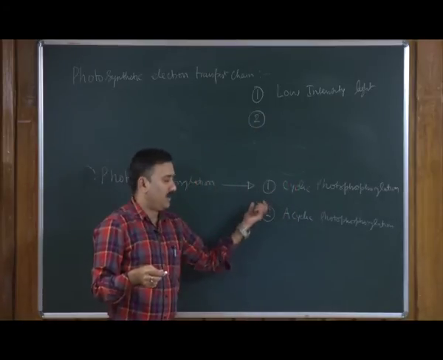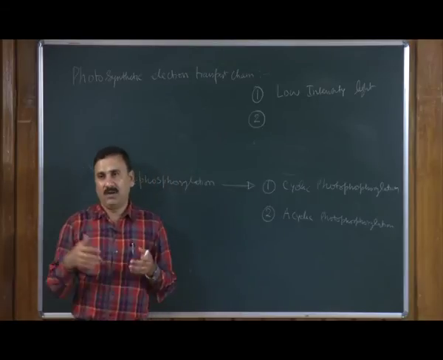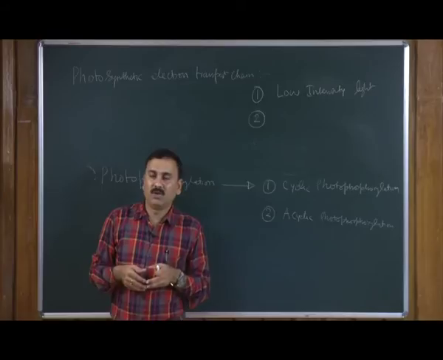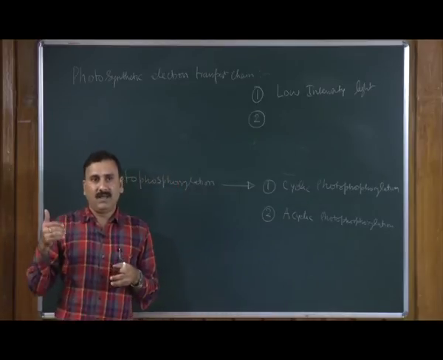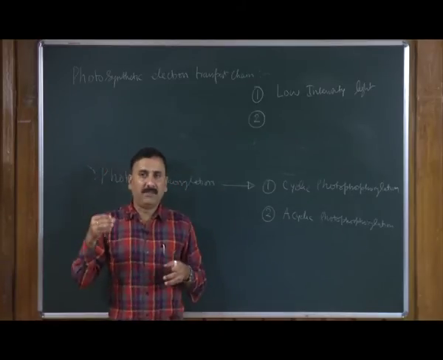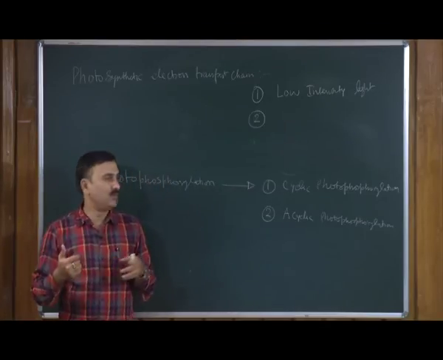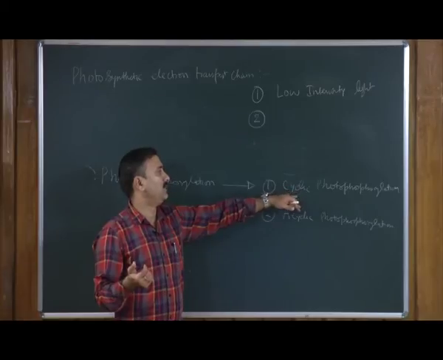Number 2. I am sure within some time you will understand that not only low intensity light, but also the absence of light of a particular wavelength forces the system to go for the cyclic photophosphorylation.